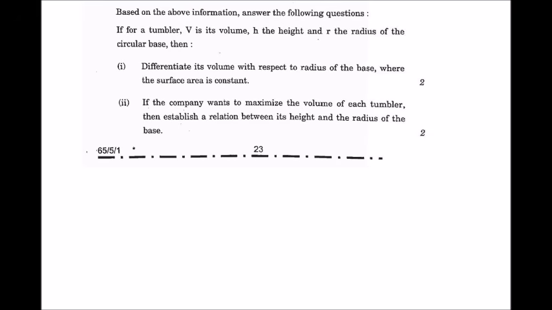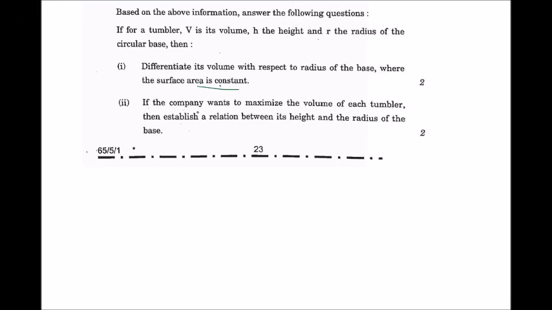For a tumbler, V is its volume, H is the height, and R the radius of the circular base. Then the first question is differentiate its volume with respect to the radius of the base where the surface area is constant.